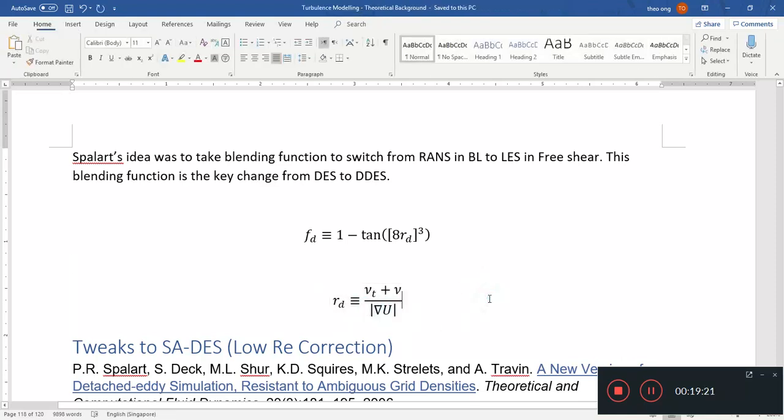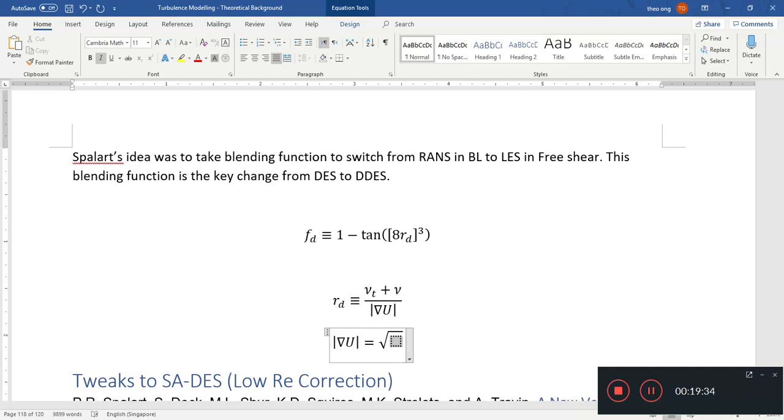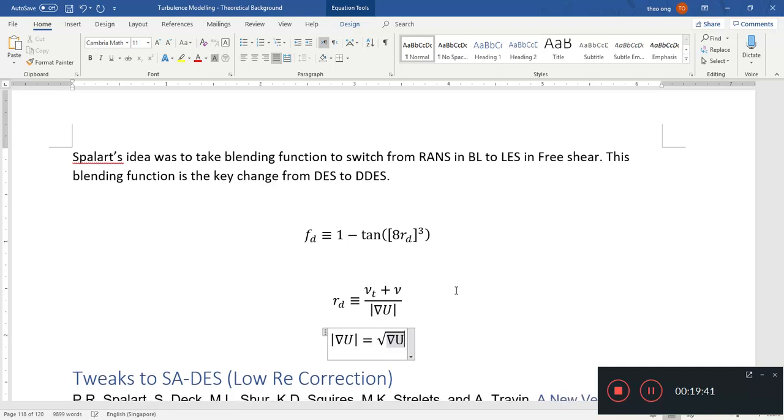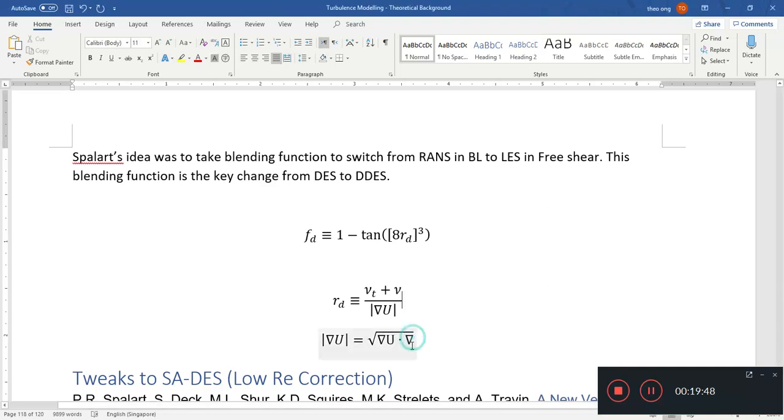Remember, the velocity gradient is a vector, so we have the square root of the gradient of u dotted with itself.